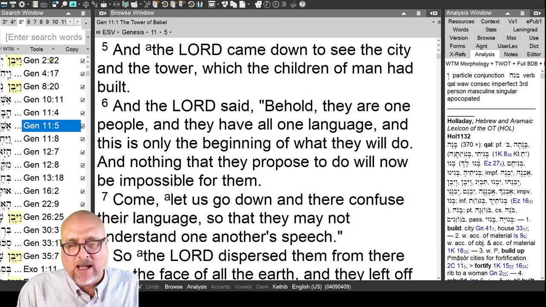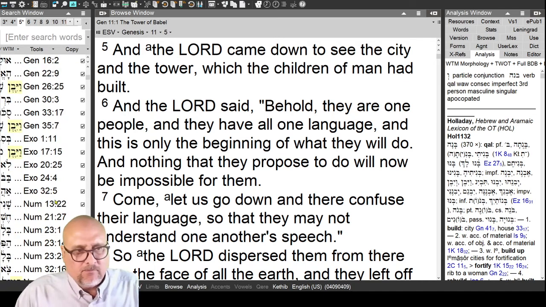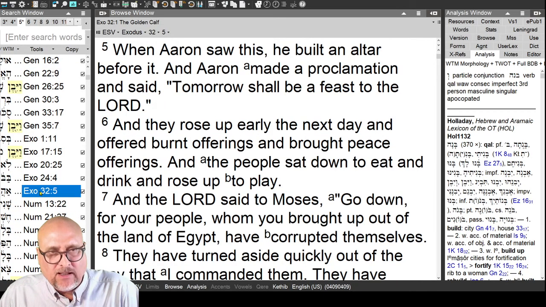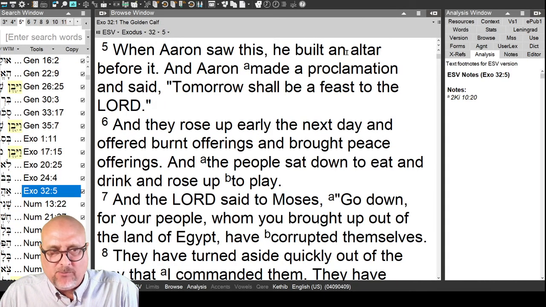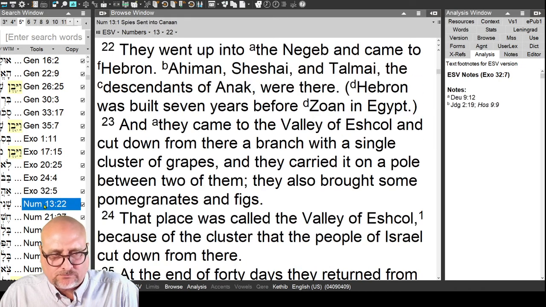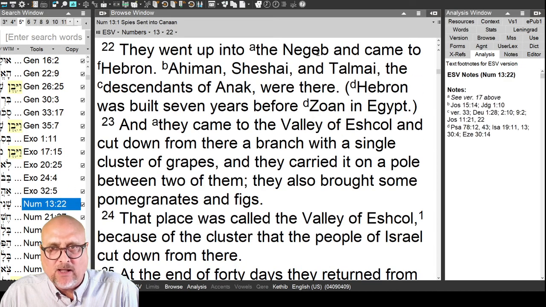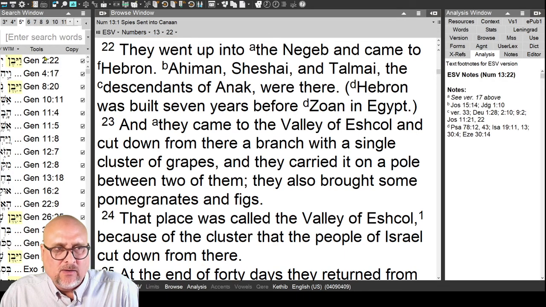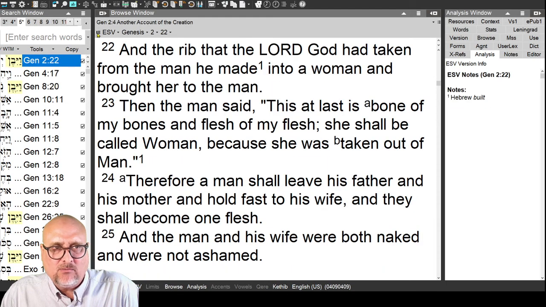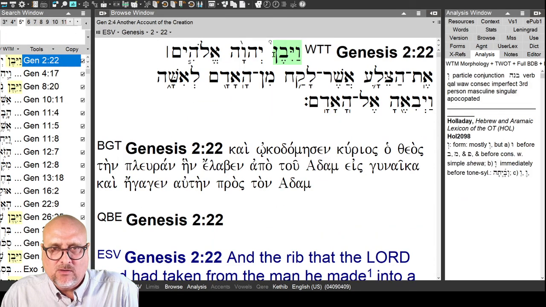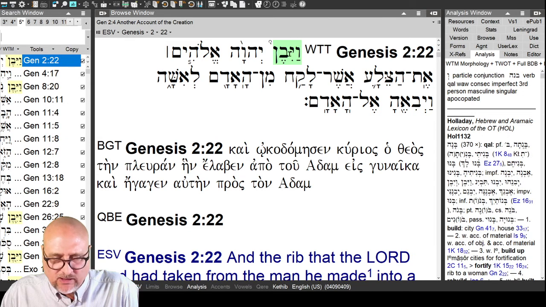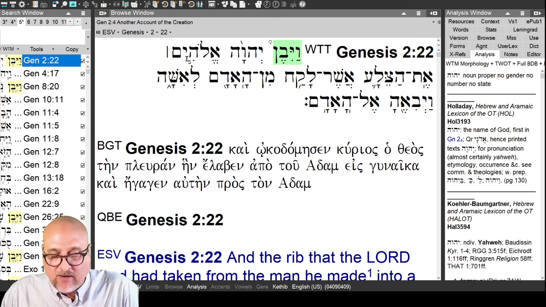The Lord came down to see the tower which they built. When we come to these texts, he built an altar. He went up. Hebron was built. So this word build is used of building a temple, building a house, building a city. It's used everywhere.